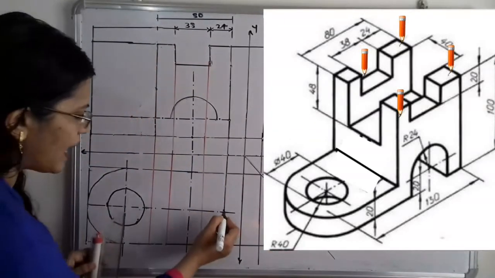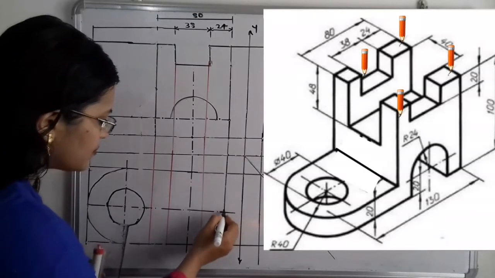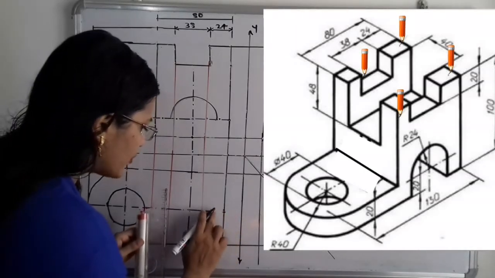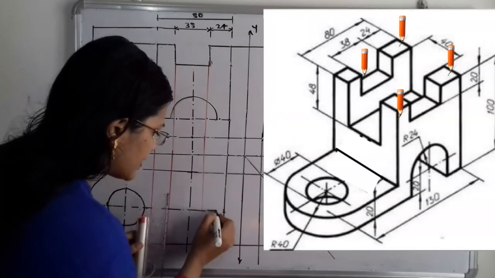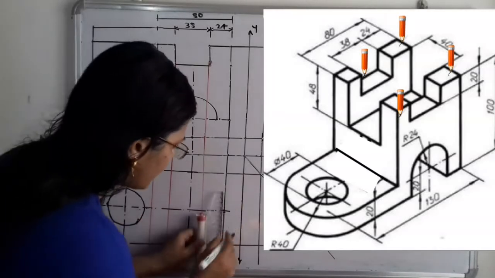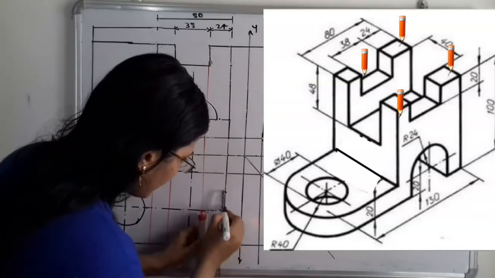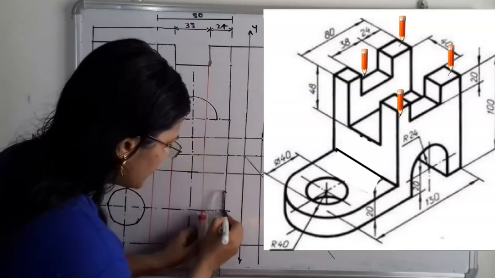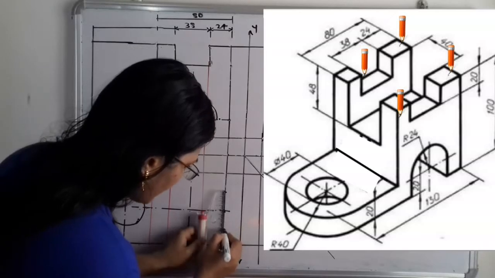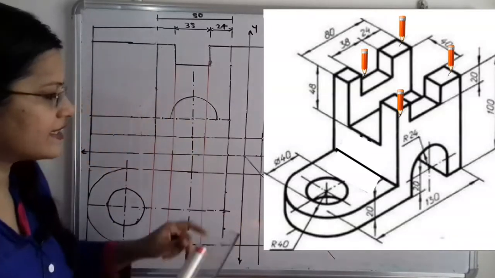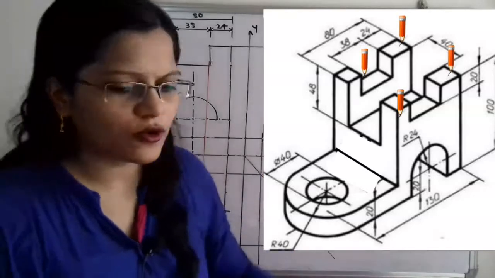What is this gap of 40 millimeter? That means this gap passes through the middle point. From this middle point we have to take a distance of 20 millimeter above and below. So here is the point 20 millimeter above the middle point and 20 millimeter below the middle point. That means the total gap is 40 millimeter.